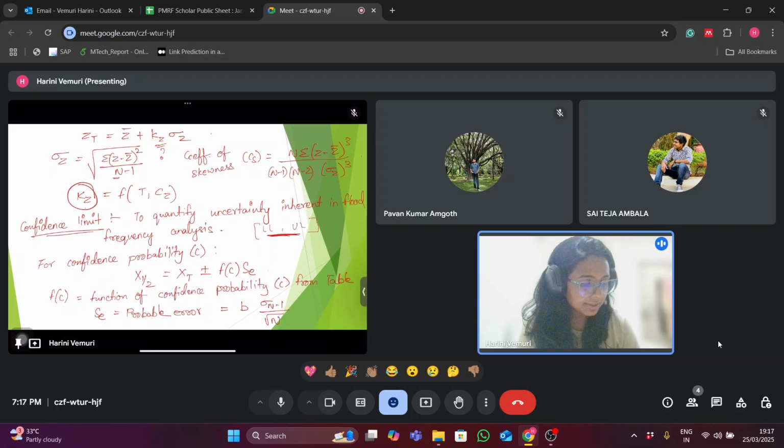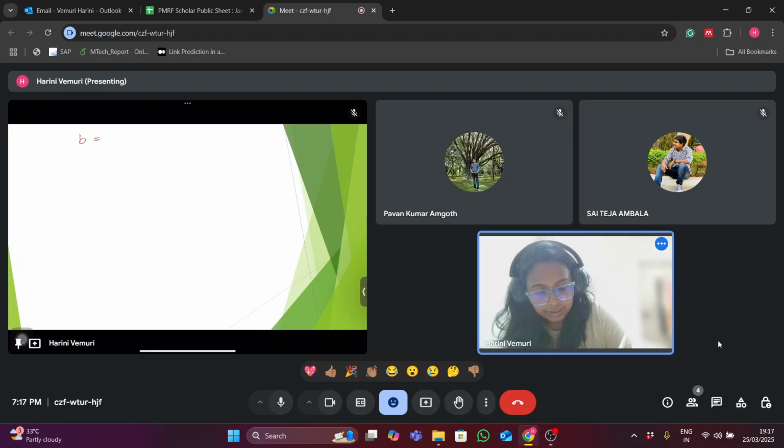Okay. Sigma is the standard deviation, n is the length of the data set, and b is the constant that we are calculating using a formula 1.1 plus 1.3 k plus 1.1 k square. K is the frequency factor here.